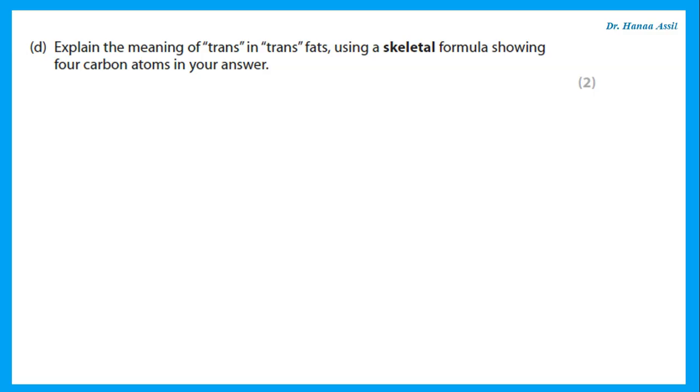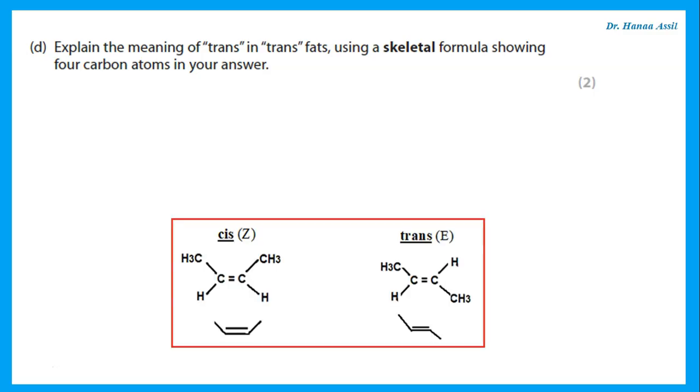Explain the meaning of trans in trans fats using a skeletal formula showing 4 carbon atoms in your answer. What do we mean by cis and trans? We said if we have a double bond and each carbon of the double bond is bonded to 2 different groups, then either the ones with the higher molecular mass are on the same side of the double bond, and that would be cis, or they are on opposite sides, and that is trans.